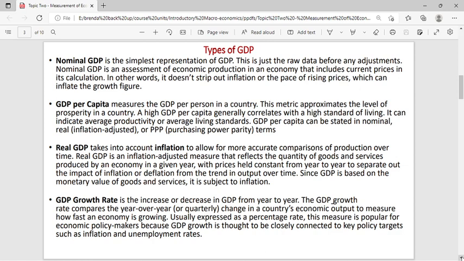This is usually expressed as a percentage, and this measure is popular for economic policymakers because it is thought to be closely connected to key policy targets such as inflation and unemployment rates.